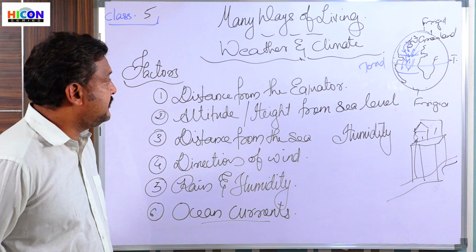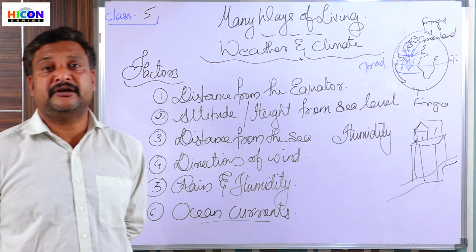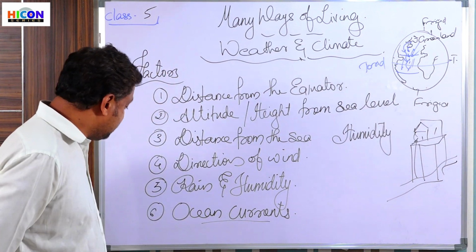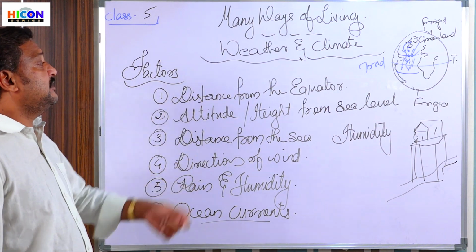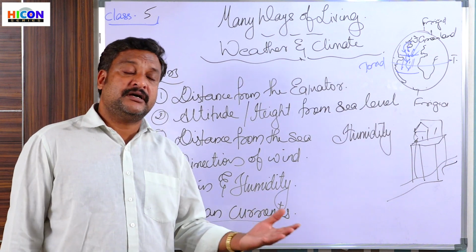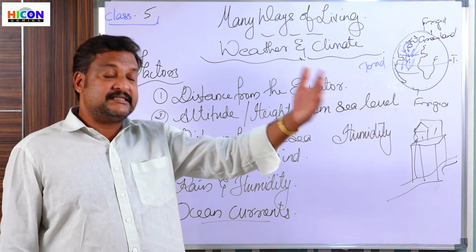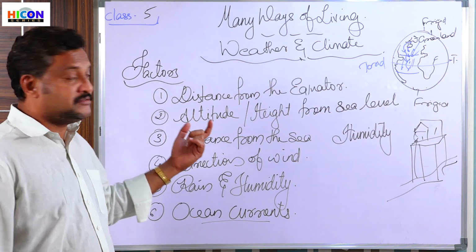When we compare the different factors which can affect the weather and the climatic conditions of a region, we have 6 factors. Distance from the equator is the first factor. The equator and the regions around it receive heavy direct sunlight, so it will be very hot.